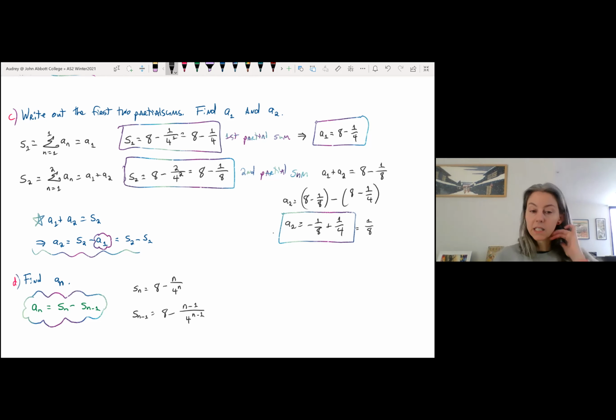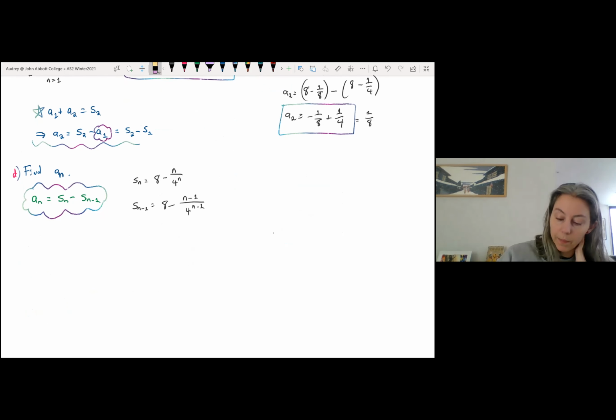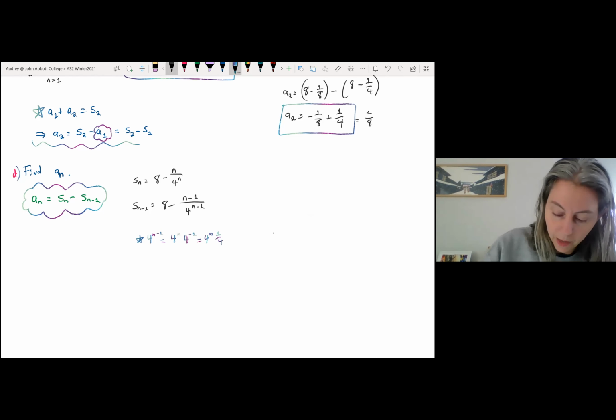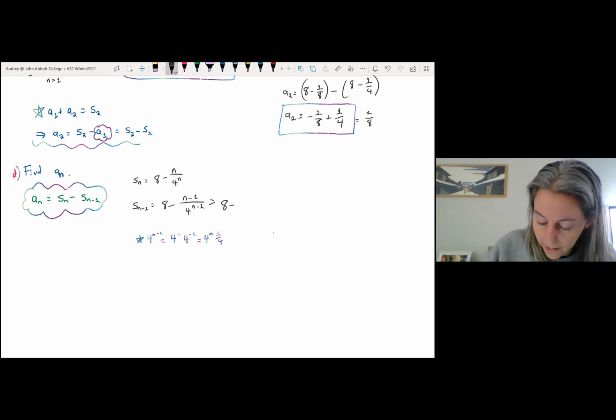Okay, I'm going to simplify this S sub n minus 1 though, because I know that 4 to the n minus 1 is equal to 4 to the n times 4 to the minus 1, which is 4 to the n times 1/4. So this is actually 8 minus 4 times n minus 1 over 4 to the n.